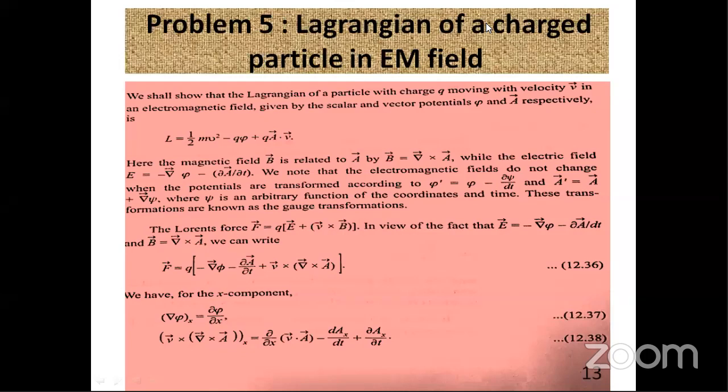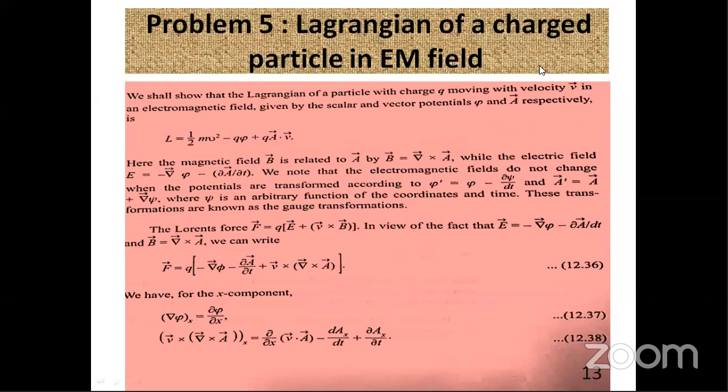We can see that later. So F is Q (E plus v cross B). This is the Lorentz force. B is curl of the vector potential A, and the electric field is minus gradient of the scalar potential phi minus the time derivative of the vector potential A.